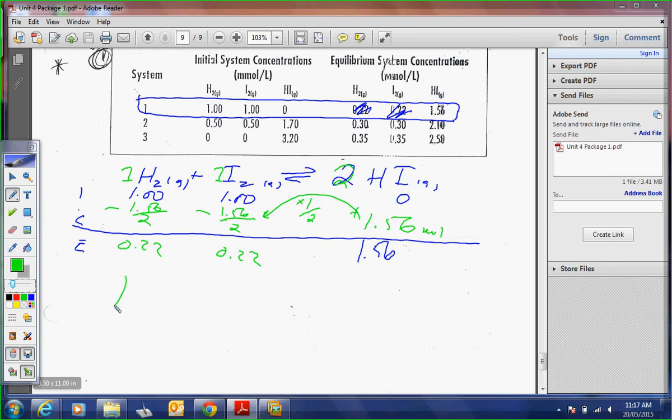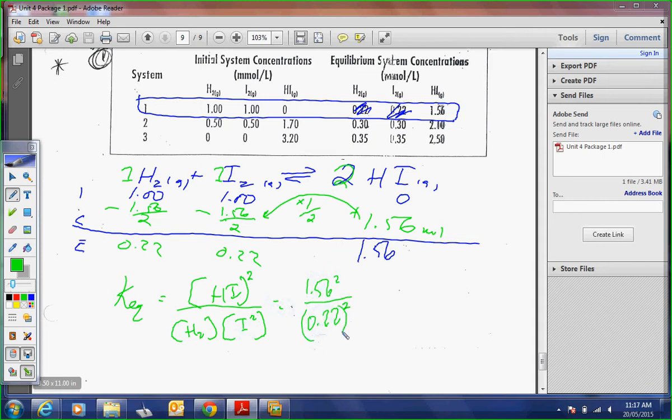And how do I figure out KEQ then? Products over reactants, so you write down square bracket HI squared divided by H2 times I2. So I have 1.56 squared divided by 0.22 squared.